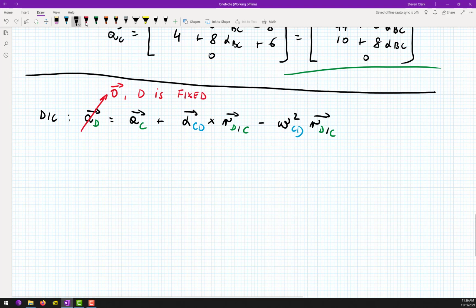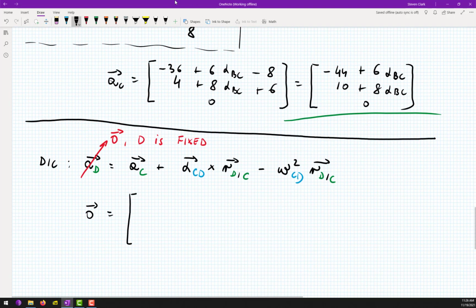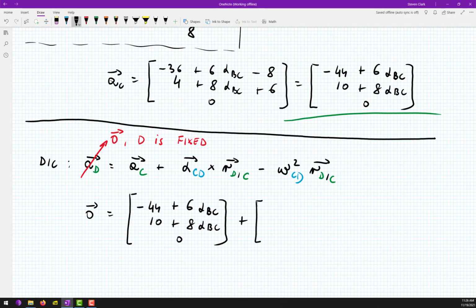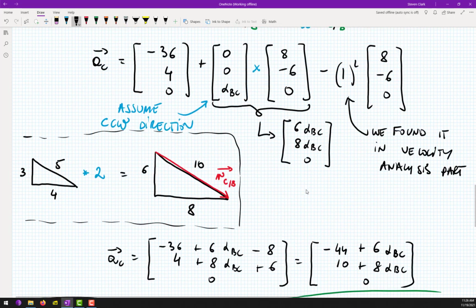Okay, so we can write the 0 vector is equal to exactly what we've just found. So this part, plus our unknown vector, 0, 0, alpha CD. Let's assume positive direction, times this vector. Okay, so for the last time, I will scroll up the board.